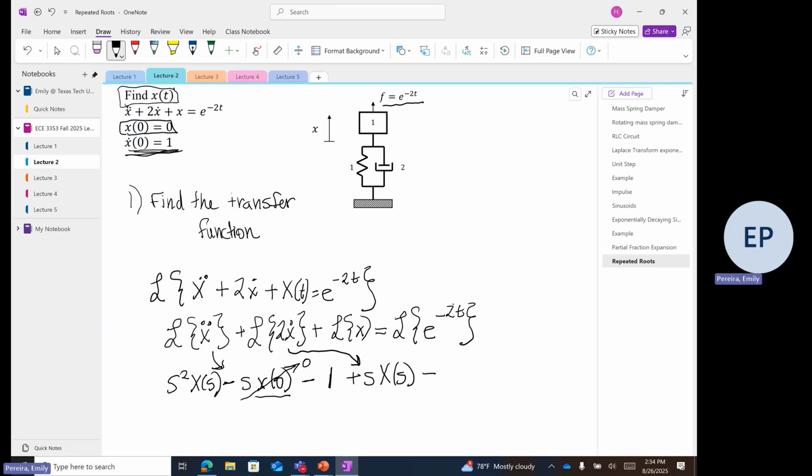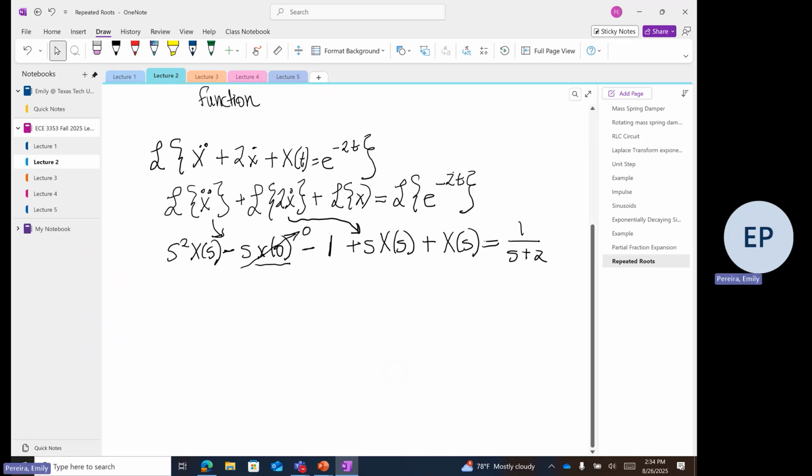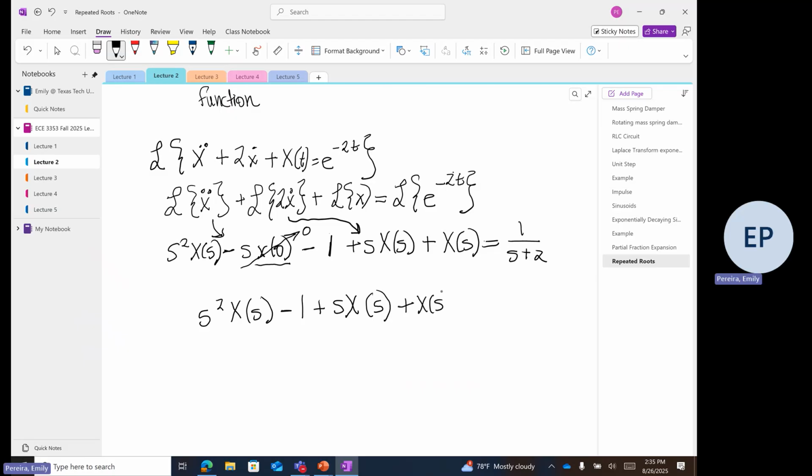Okay, the Laplace transform of x is x of s. And this is equal to the Laplace transform of e to the negative 2t, which is just 1 over s plus 2. Okay, so what are we left with? We have s squared times x of s minus 1 plus 2s times x of s plus x of s is equal to 1 over s plus 2.